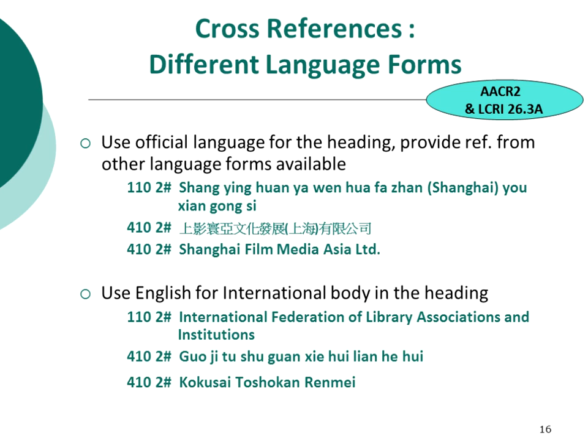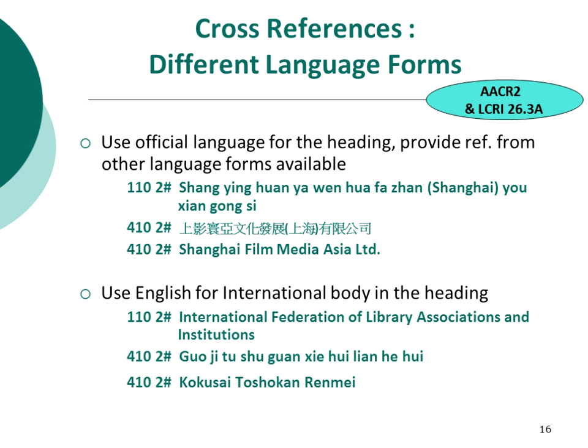Then provide a reference from other language forms available. Now, if there is more than one official language and one of the languages is English, use the English form. So that's the official language rule for choosing heading forms.